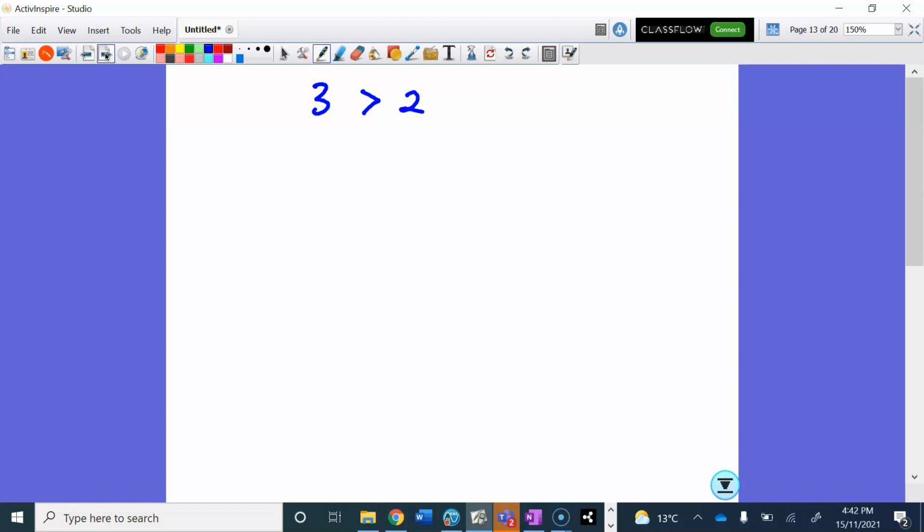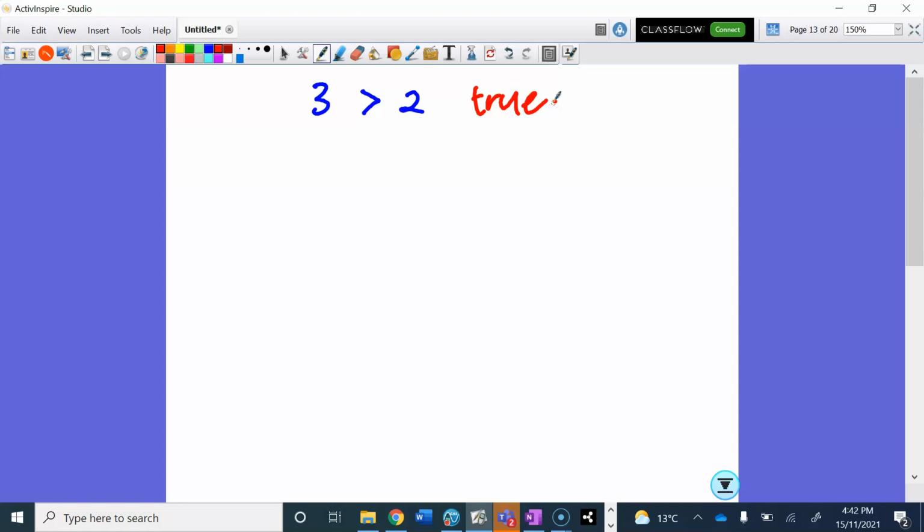So if I wrote something like 3 is greater than 2, hopefully you would all say, yes, that's a true statement, and agree with me, 3 is greater than 2.